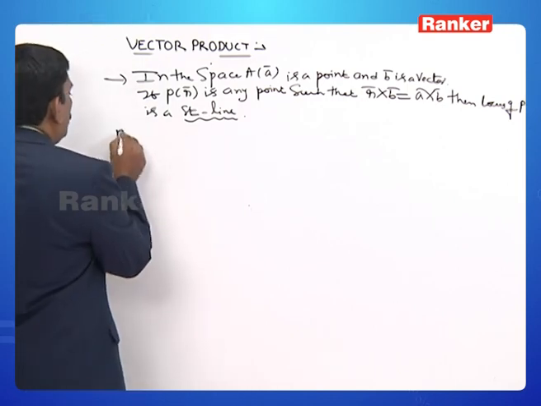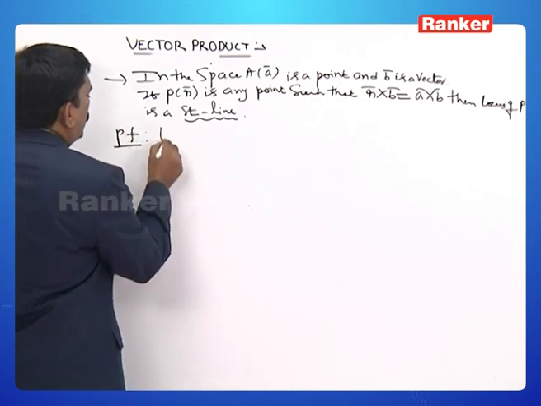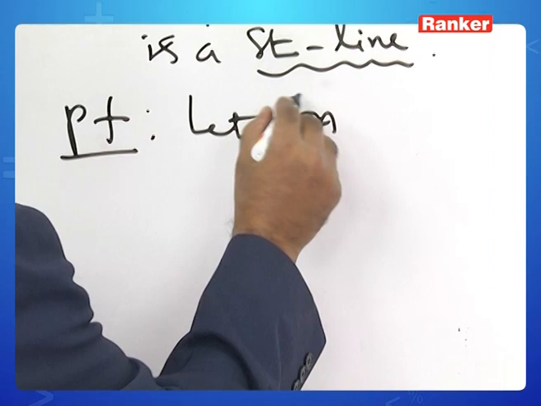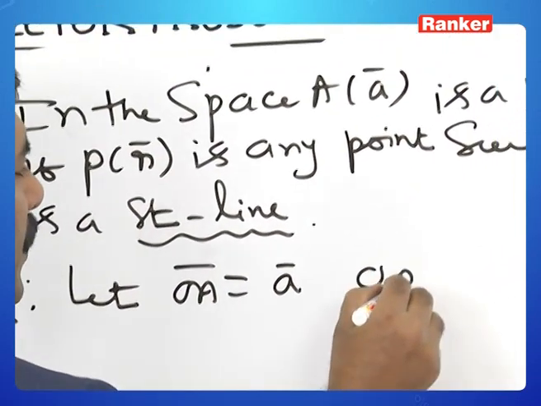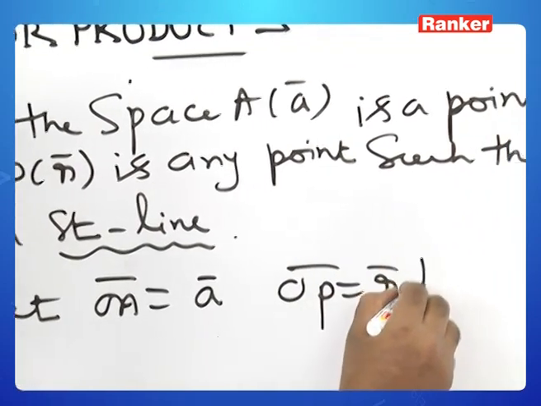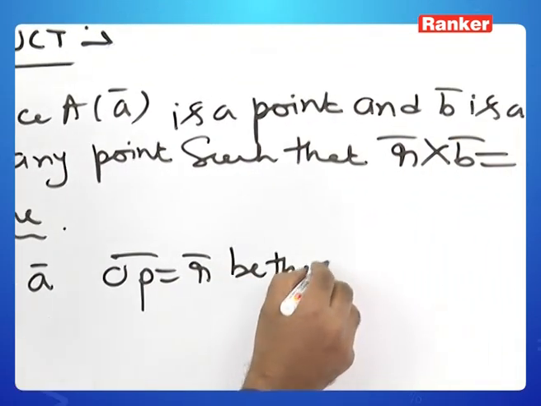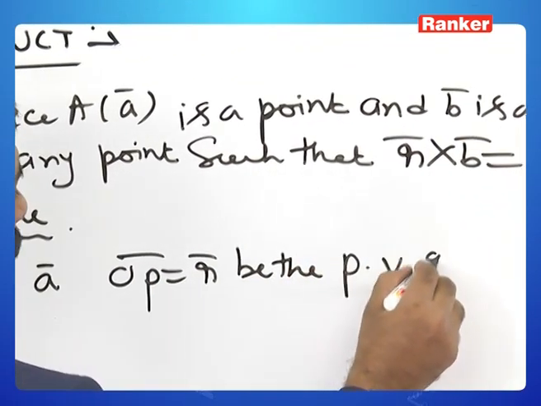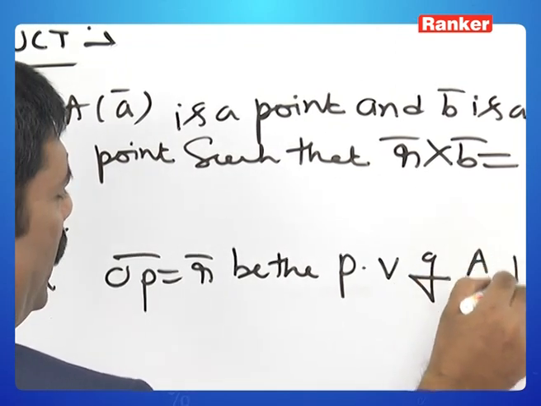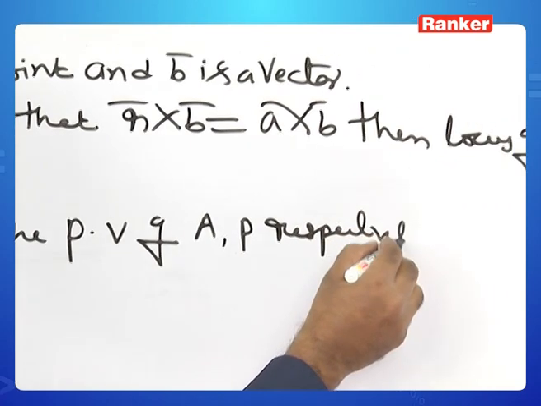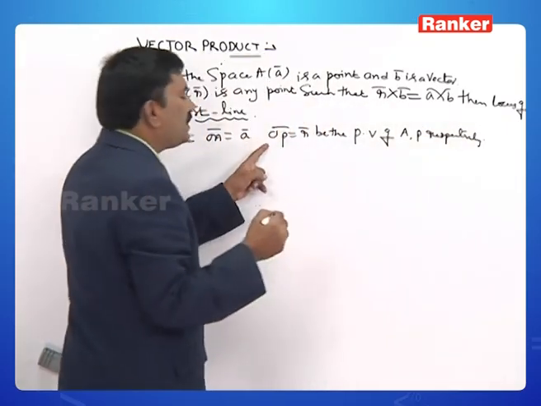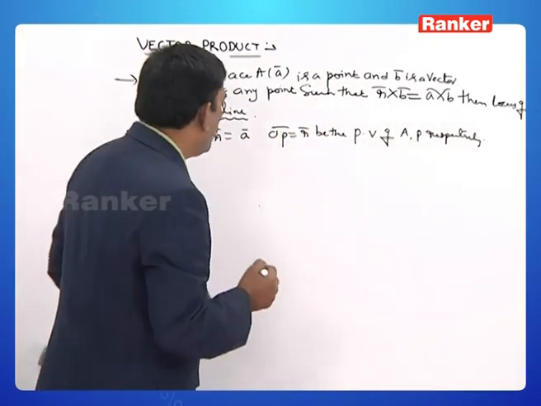Now, the proof of this one is: let OA bar is equal to A bar, OP bar is equal to R bar, be the position vectors of A and P respectively. P is any point in a plane.